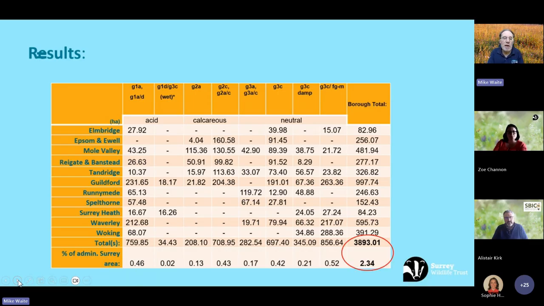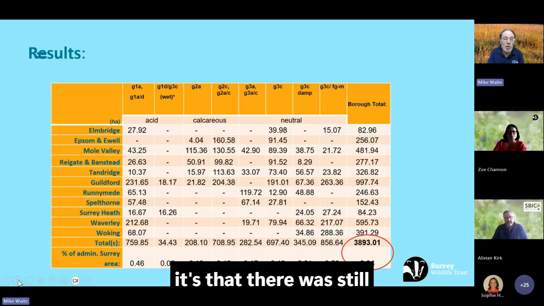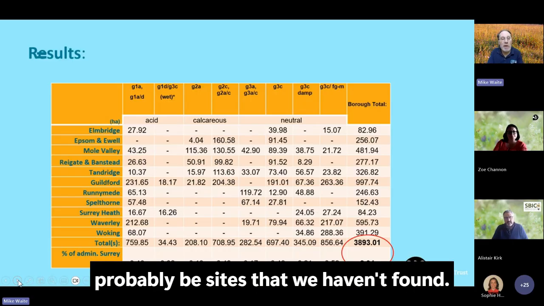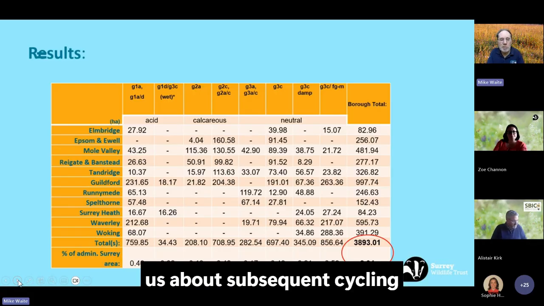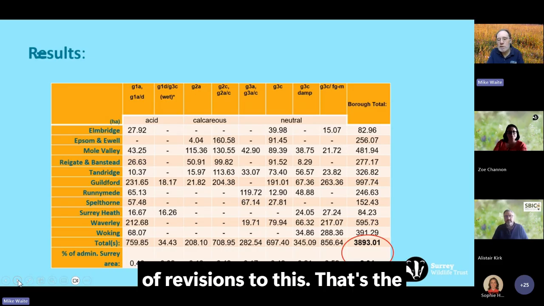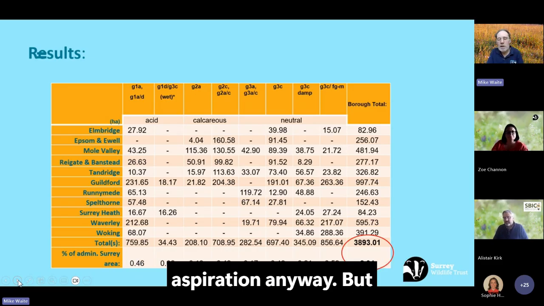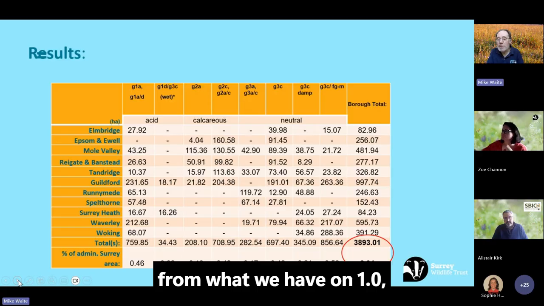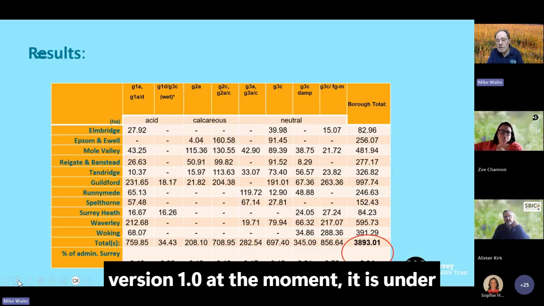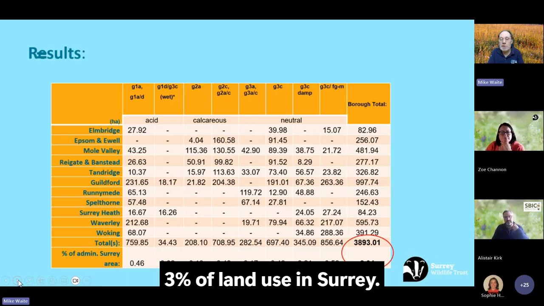There will still probably be sites that we haven't found, and that is why Alistair is going to tell us about subsequent cycling of revisions to this. That's the aspiration anyway, but from what we have on version 1.0 at the moment, it is under 3% of land use in Surrey.